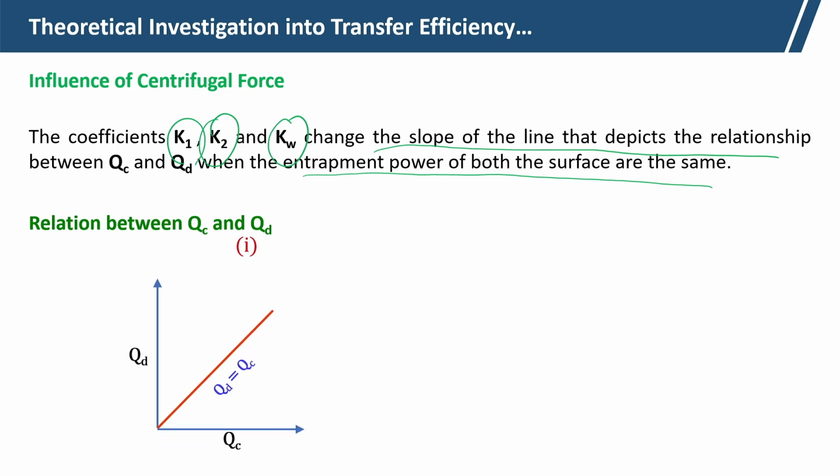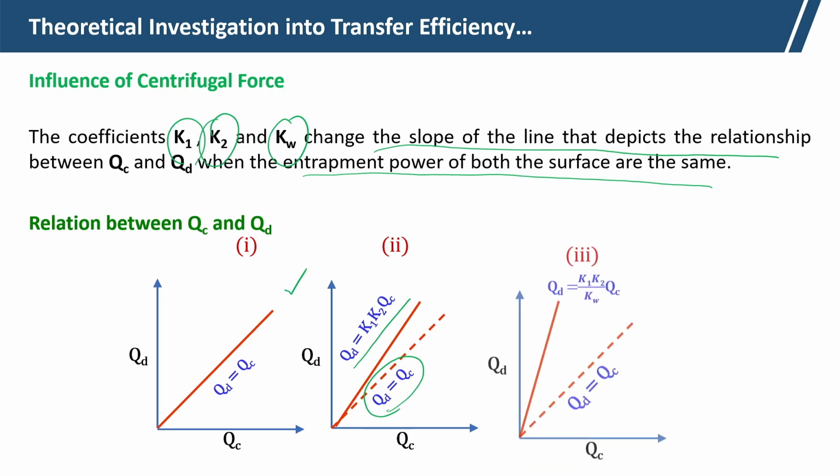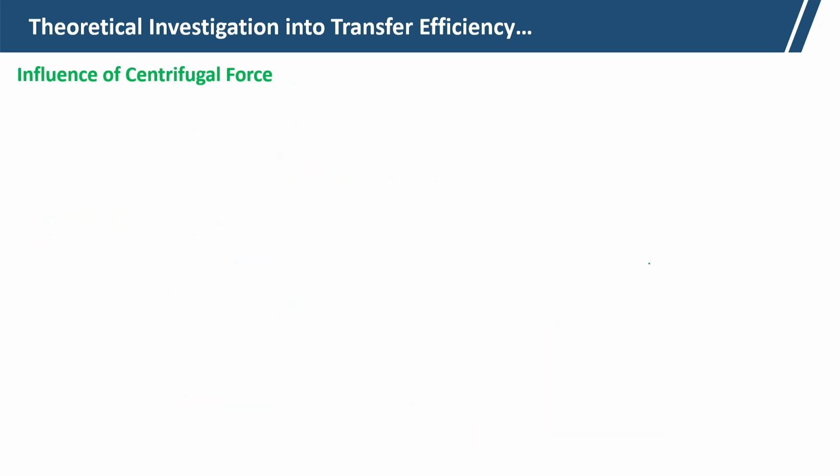If Qc equals Qd, then there will be a straight line relationship. Here, Qd is equal to K1 K2 Qc, and in this equation it is another relationship, Qd equal to Qc. So, with different combinations we can get the transfer efficiency.